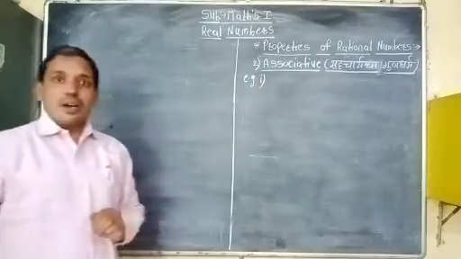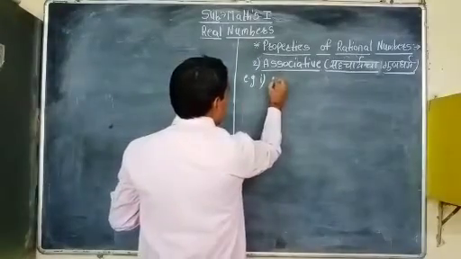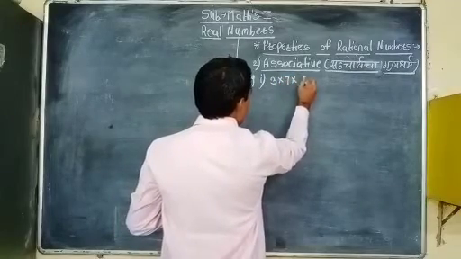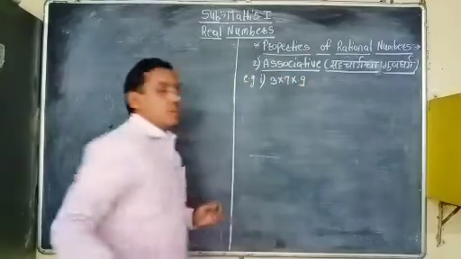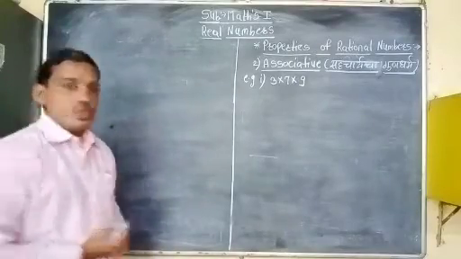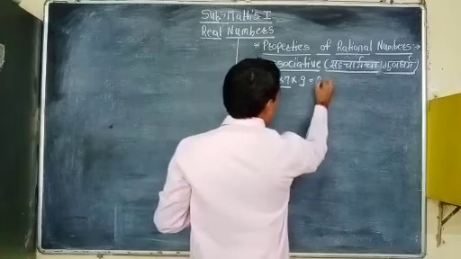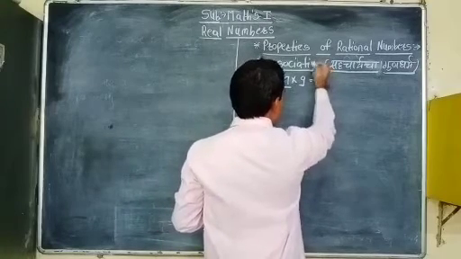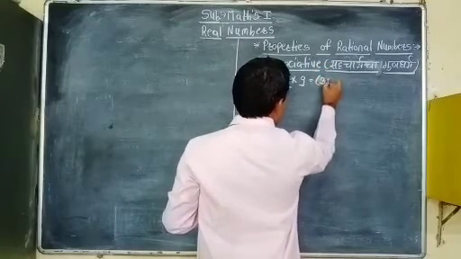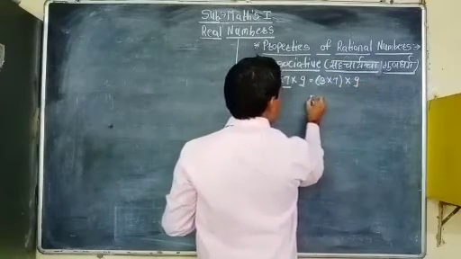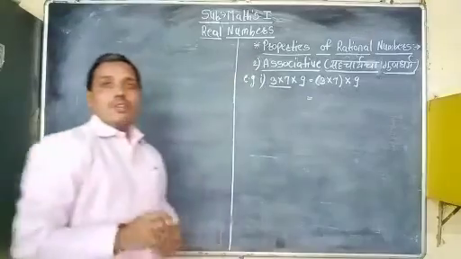So for the first example, we take 3 into 7 into 9. We first get the product of 3 and 7.